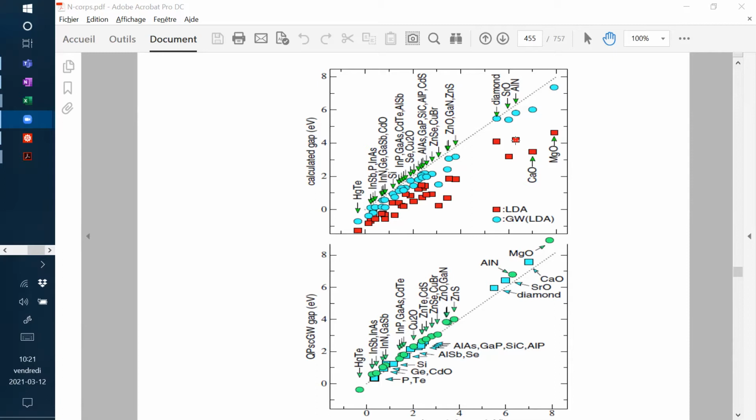The Kohn-Sham energies will be modified by the self-energy, and the self-energy we compute in this GW approximation. In other words, we use the Kohn-Sham orbitals to compute the density fluctuations, and then we compute the self-energy using RPA, if you want. And then you get the blue dots. You see that it's a huge improvement compared with LDA.